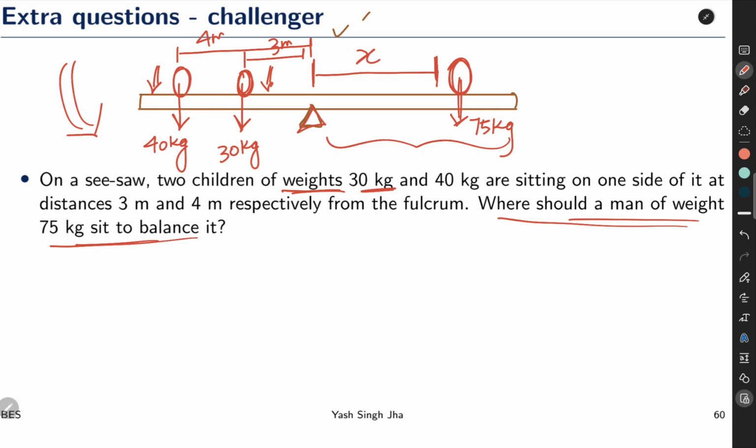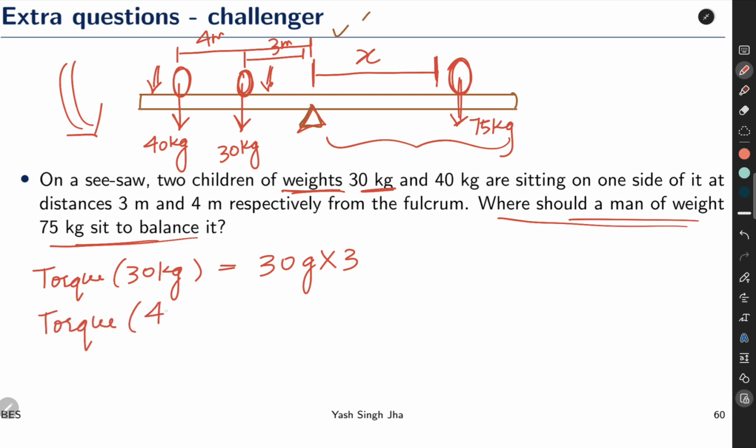So the torque due to the 30 kg boy is force, which is the weight, 30 kg into g, where g is the gravitational force, into distance 3 meters, anti-clockwise, so it is positive, correct? Torque due to 40 kg is 40 kg into g into distance 4 meters, anti-clockwise, it is also positive.